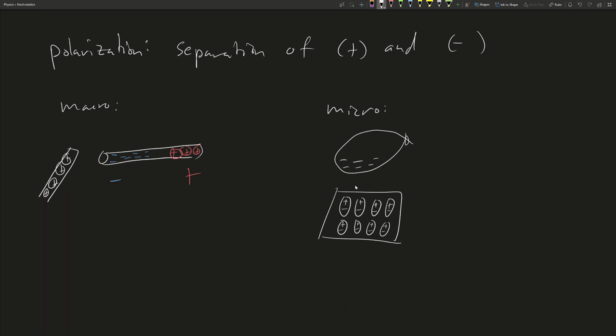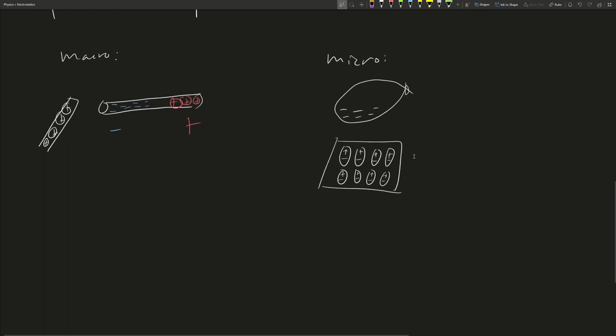So this is where molecules or atoms themselves become polarized, whereas on the macroscopic scale, it's the entire object that can become polarized. Normally this would be randomly scattered, so there would be no polarization, and there's no organization of the charge or the direction of the molecules and their charges inside an insulator.